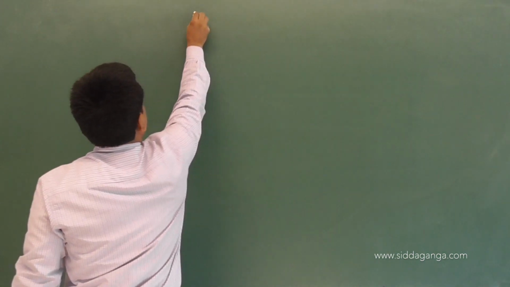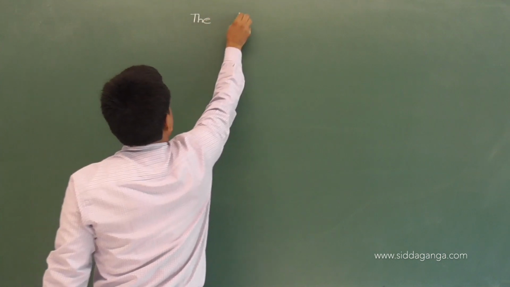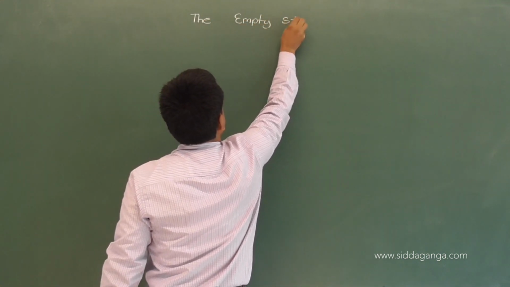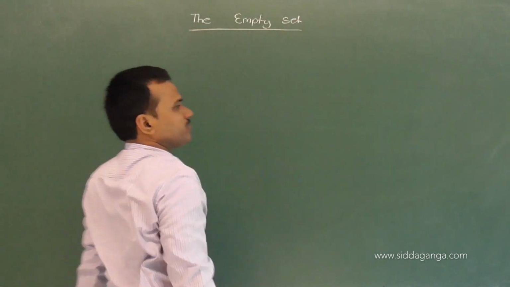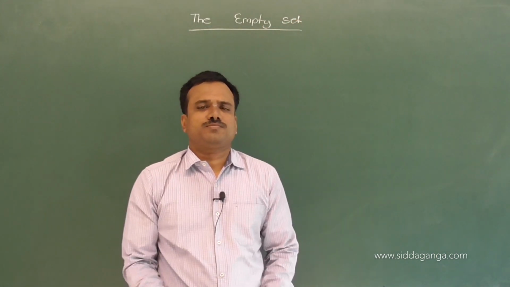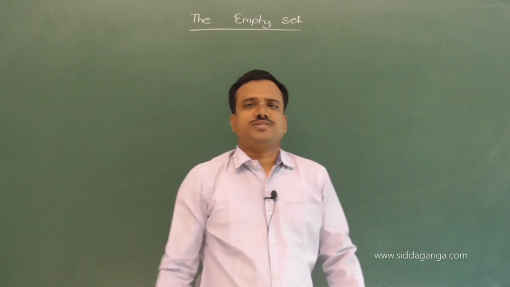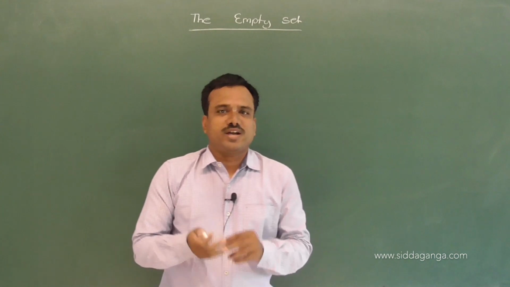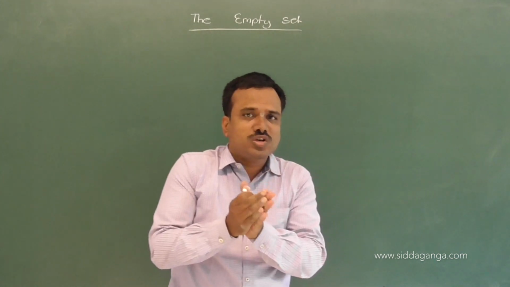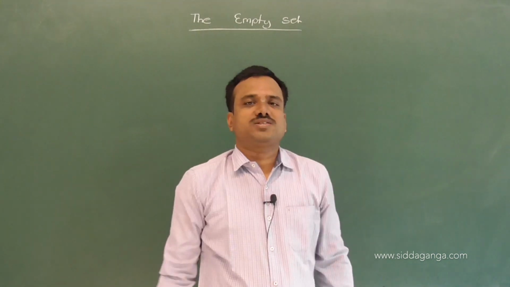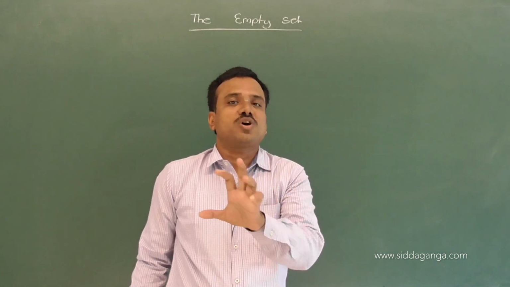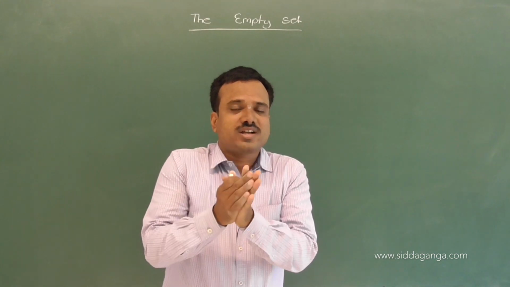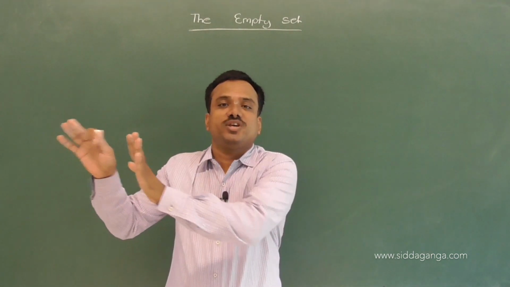Next one, empty set. Next concept, the empty set. That means what? Empty set means a set does not contain any elements. The collection of elements is not present. The set contains elements that are 0.